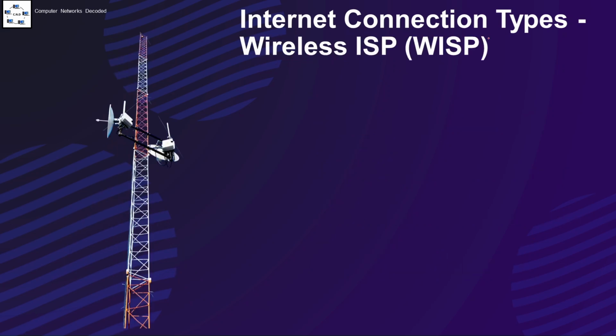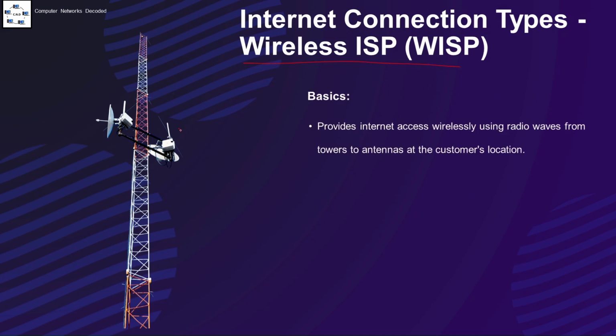Another internet connection type is the wireless ISP, or WISP. This basically provides internet access wirelessly using radio waves from towers to antennas at the customer location. It is just like cellular, but it is different from cellular. If you have heard of WiMAX, it works such that there is an antenna at the provider, and this antenna transmits and receives data to the customer antenna.